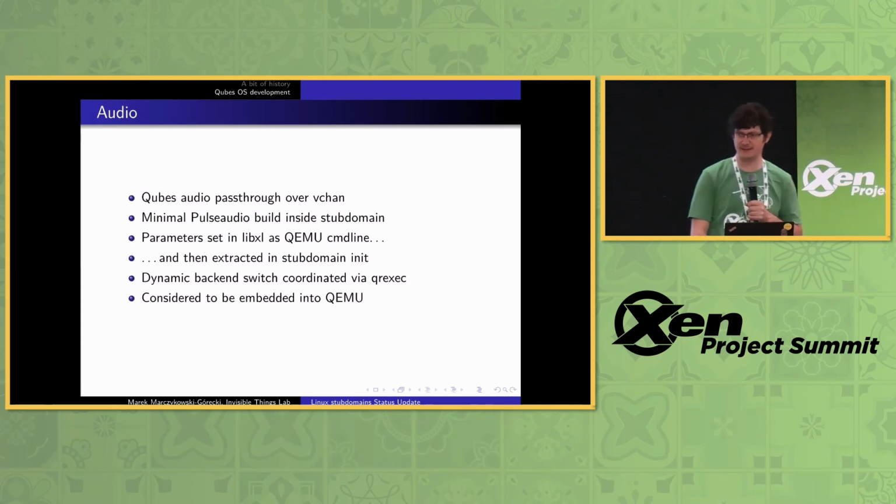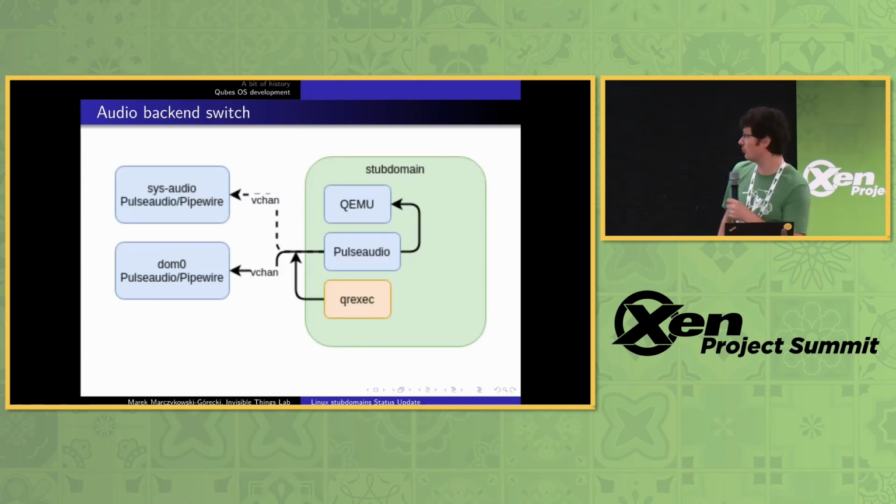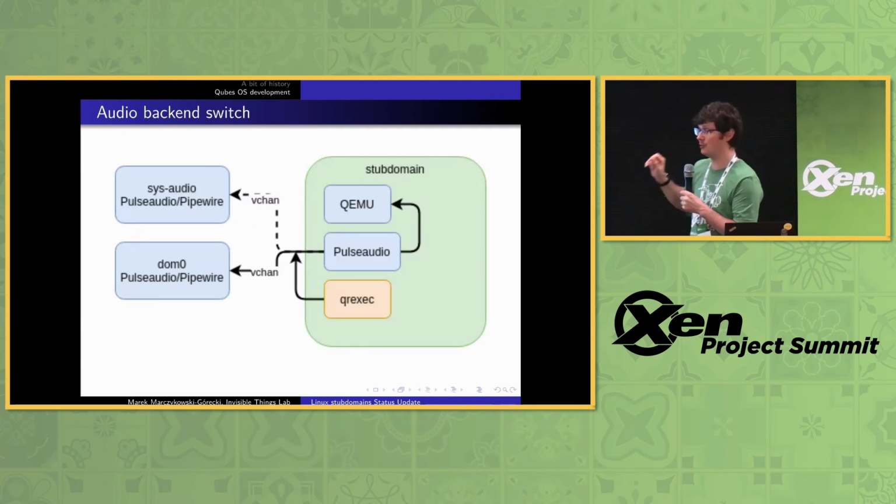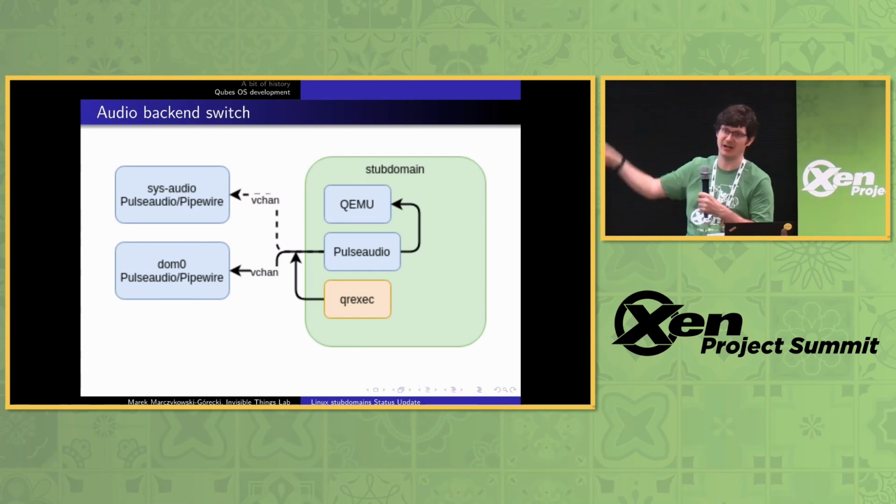And since very recently, we also allow dynamic switching between different backend domains. So it works like this. We have QEMU in the stubdomain talking to PulseAudio, but then this PulseAudio can switch between a backend in dom0 and a backend in sys-audio or whatever other VMs can provide a backend.